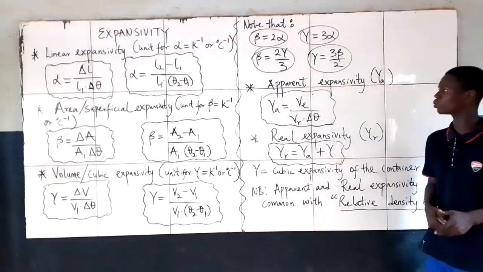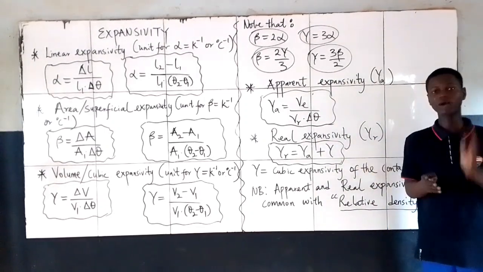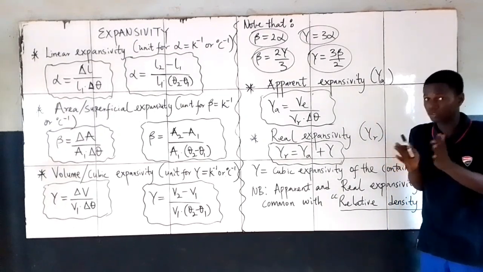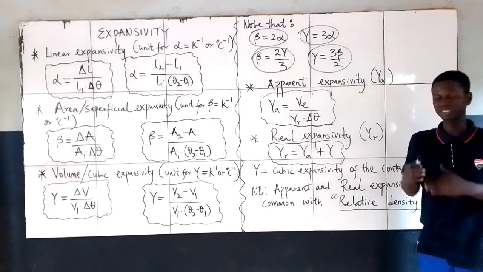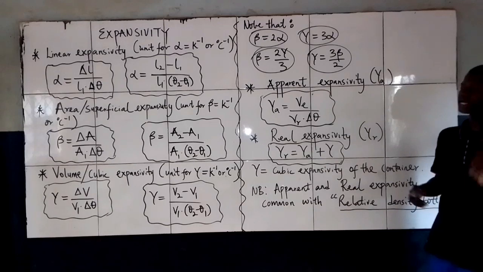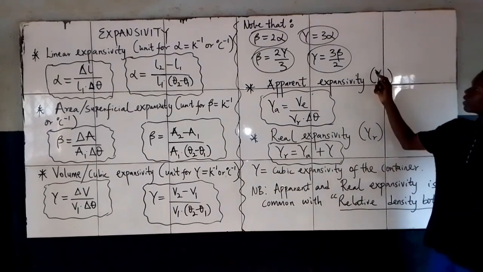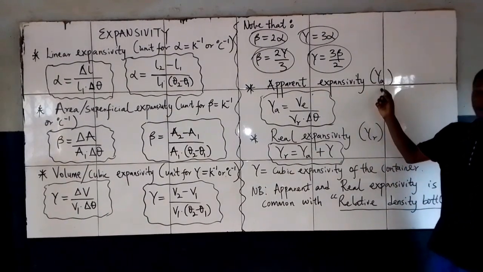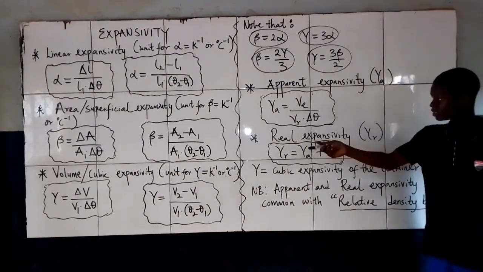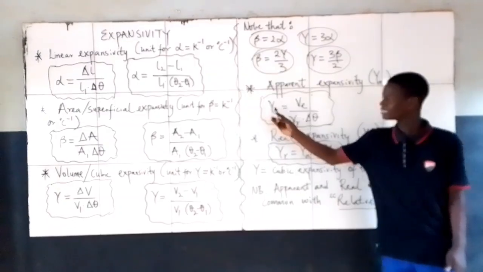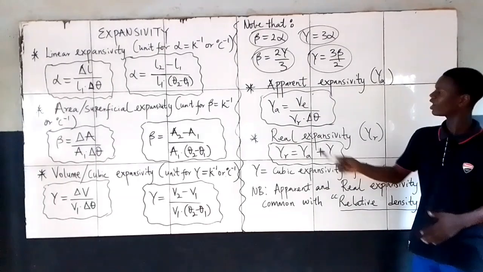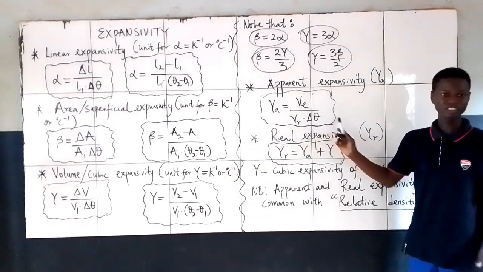Moving on, we're looking at apparent expansivity, which is just part of the actual expansion. Apparent expansivity is symbolized as gamma A, where the A stands for apparent and the gamma stands for expansivity. The formula for apparent expansivity is the volume of fluid or liquid expelled over the volume of liquid remaining times the change in temperature.